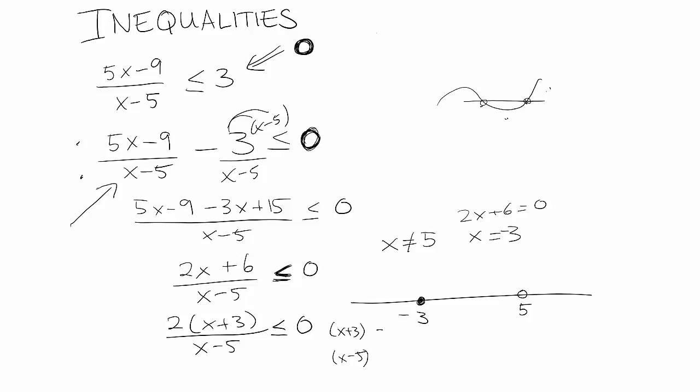Negative 4 plus 3 is still negative. Negative 4 minus 5 is negative, so that's a positive. I'll pick a 0 in between there, so 0 plus 3 will be plus. 0 minus 5 is minus. And I'll pick a 6 here, so 6 plus 3 is 9. And 6 minus 5 is still positive. So positive and negative. And now the question is, when is it negative? So the answer would then be from negative 3 all the way to 5.